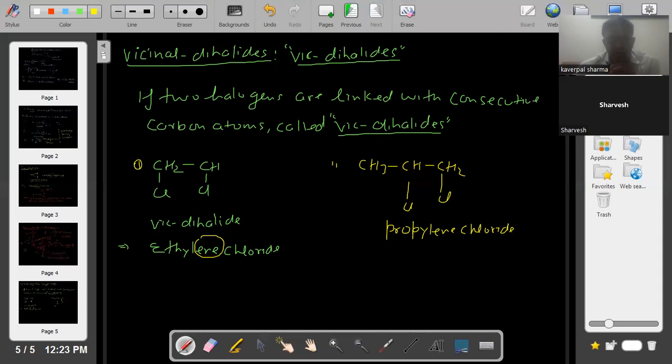In the third case, Cl, Cl, this is also cyclopentylene chloride.